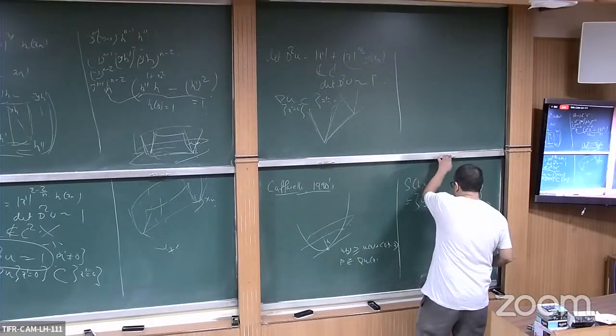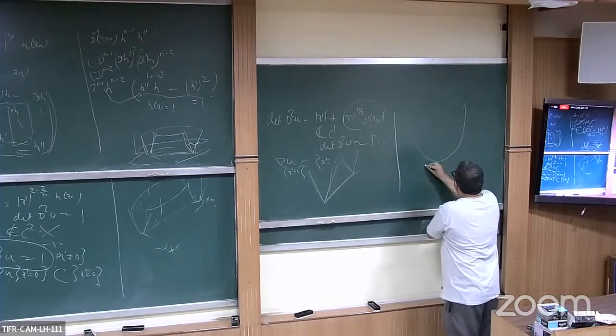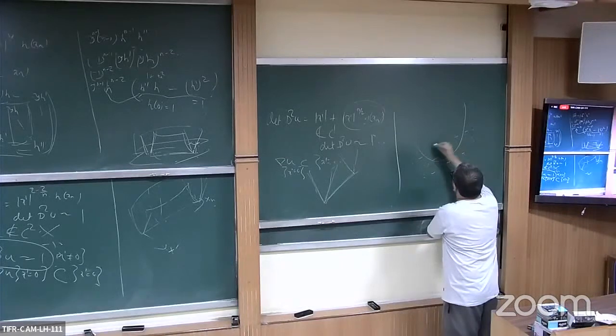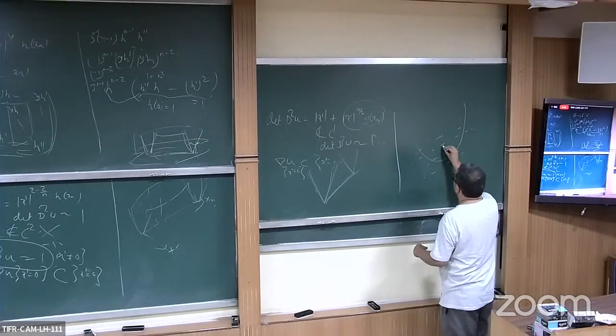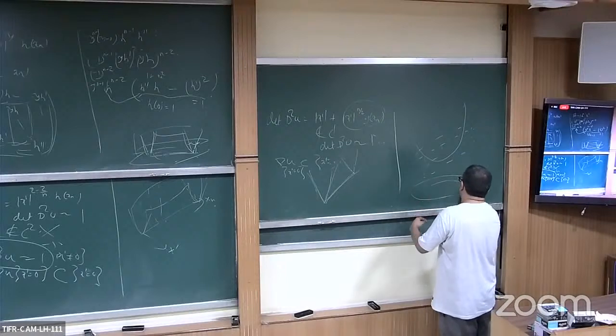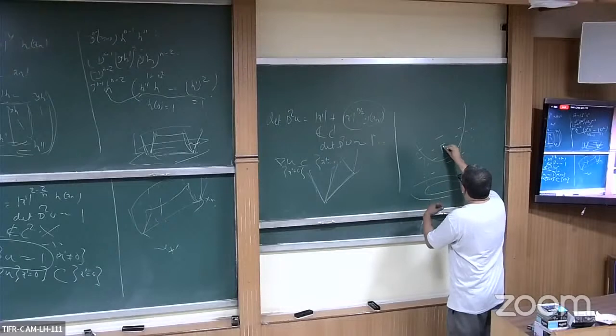So let me draw another picture. So there is the plane, and I lift this up by height h. And then this is going to trap a region. So if I put it down, this will be the region, and this is the height h.